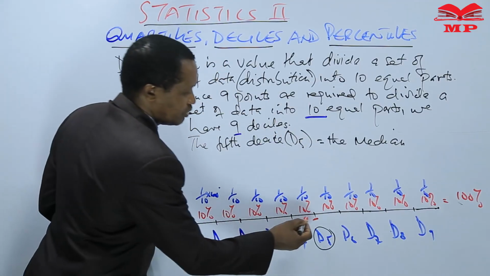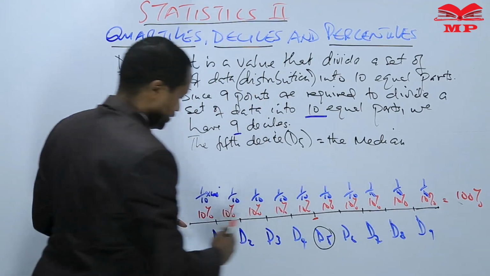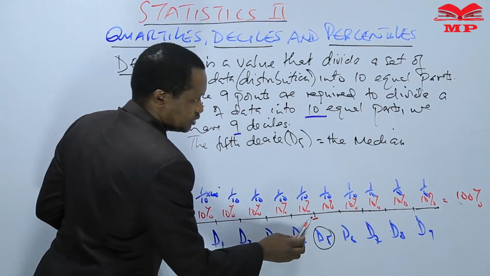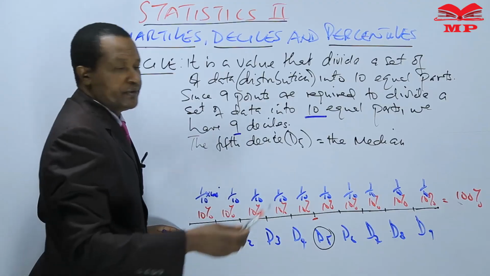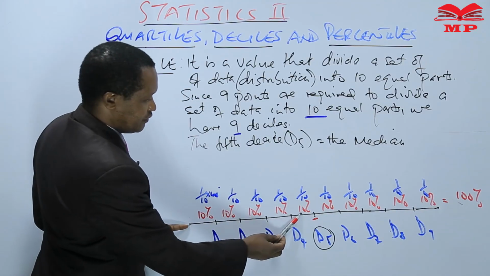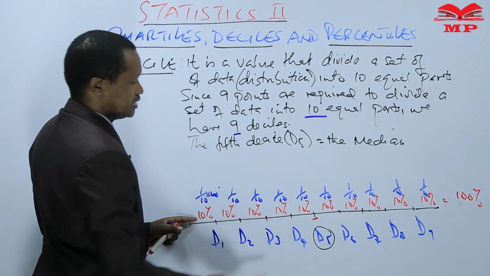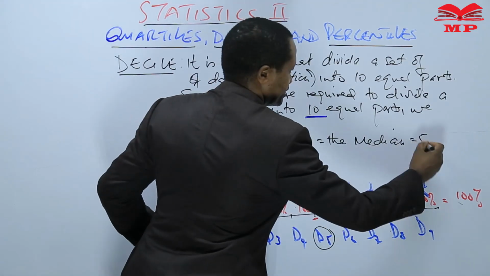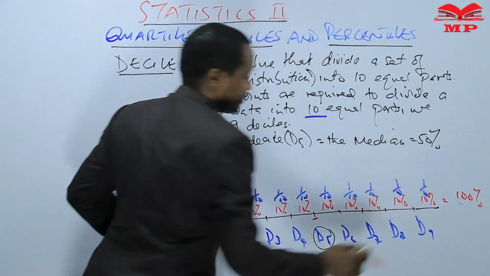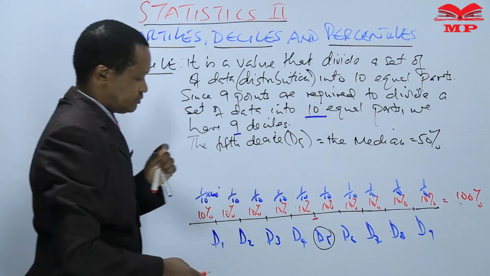This is the middle point of this whole distribution, and this middle point is the median. You can see it is at 50%: 10 plus 10 plus 10 plus 10 plus 10 is equal to 50% of the total distribution. That is the median.